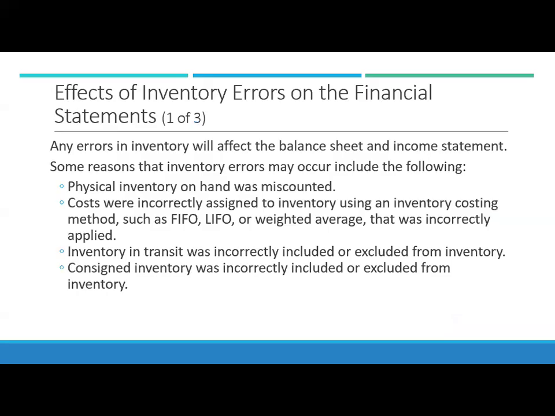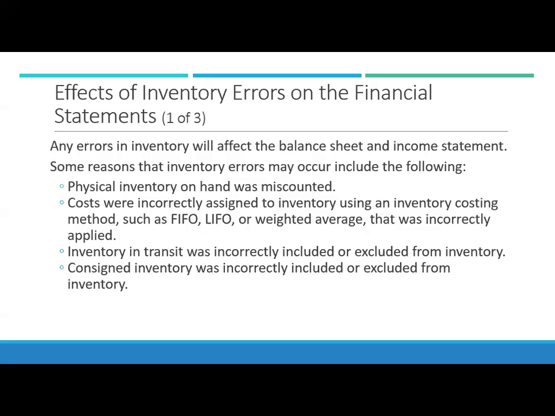There can also be errors on the financial statements, such as physical inventory was not counted properly, or costs were incorrectly assigned to inventory using cost methods such as FIFO, LIFO, weighted average. It just was not calculated properly. Or inventory in transit was incorrectly included or excluded from inventory. That also aligns with our revenue recognition principles.